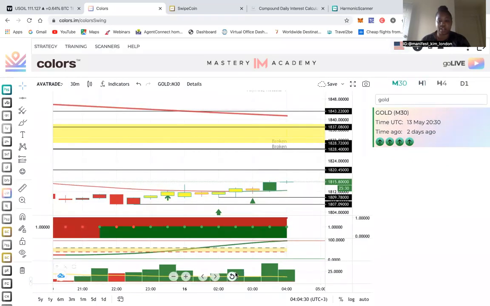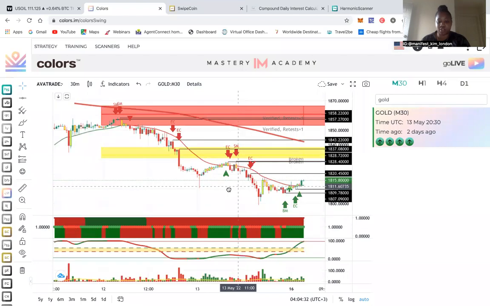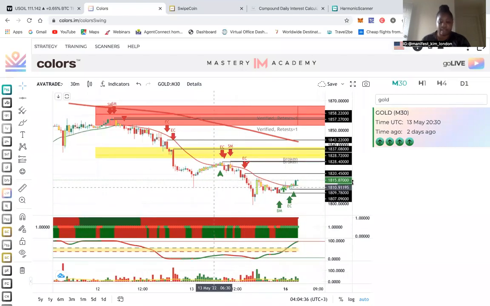All right. If you did get stopped out, you can re-enter back the trade because everything is still lined up green.